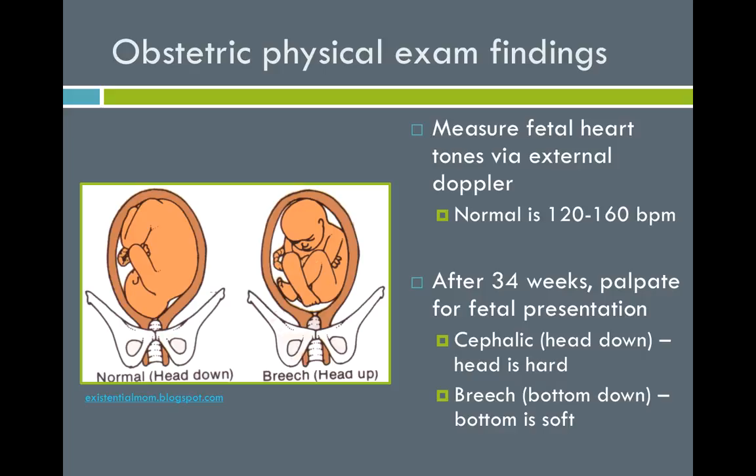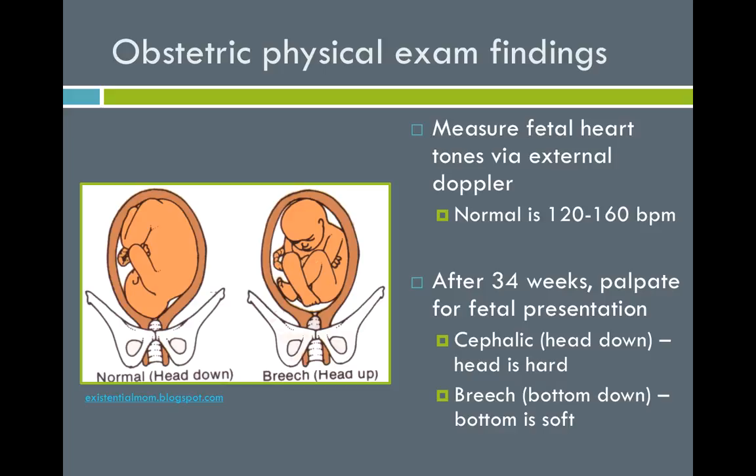Obstetrical physical exam findings, measuring fetal heart tones via external Doppler. Our normal parameters for fetal heart tones are 120 to 160, a number that will come back to haunt you, so please memorize it. After 34 weeks, you can palpate for fetal presentation.